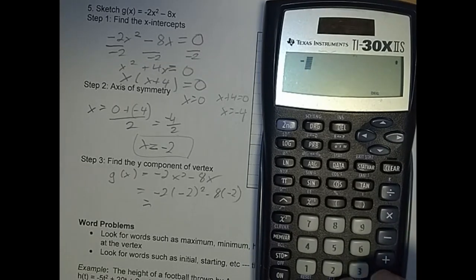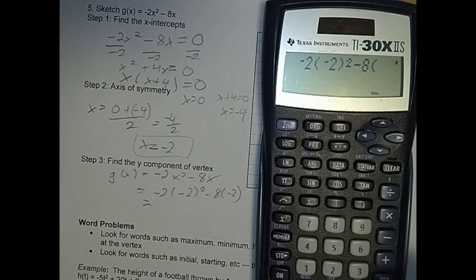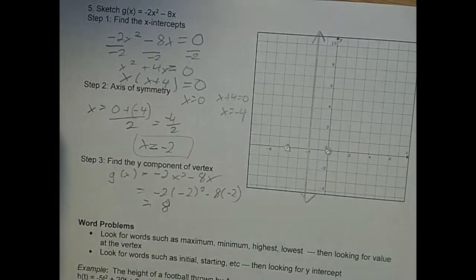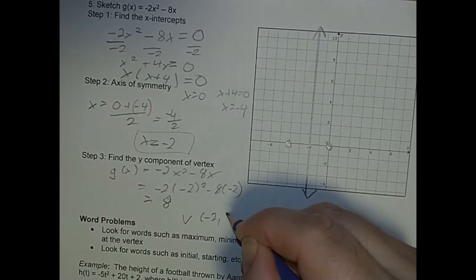So negative 2 times negative 2 squared minus 8 times negative 2. Let's see what that gives us. 8. So our vertex is negative 2, comma 8.